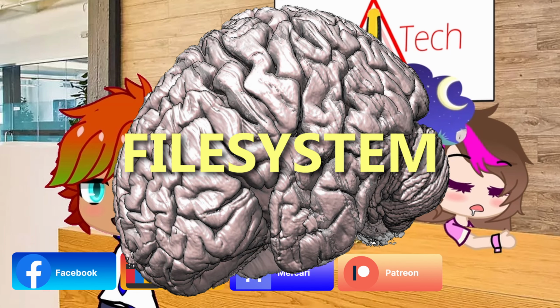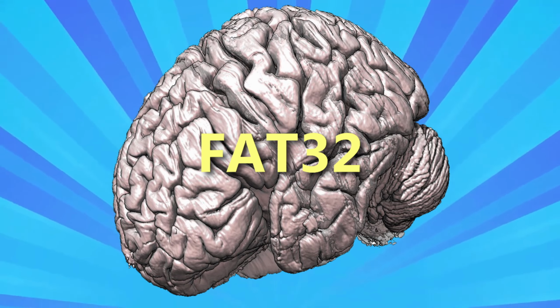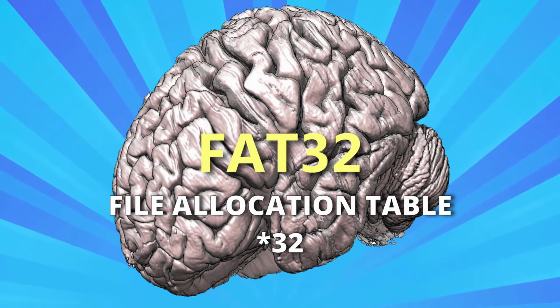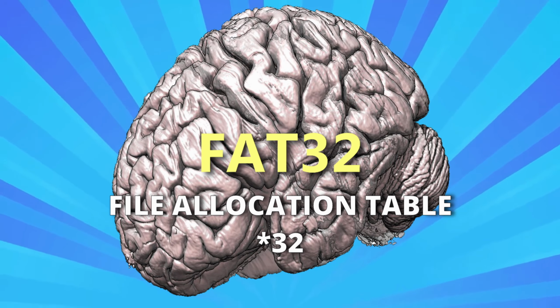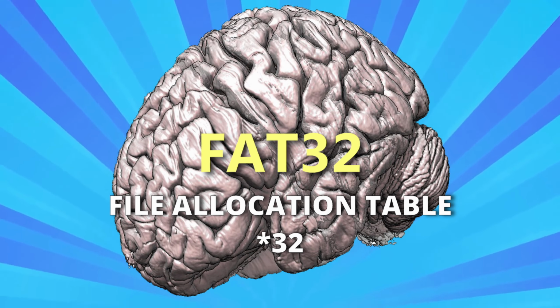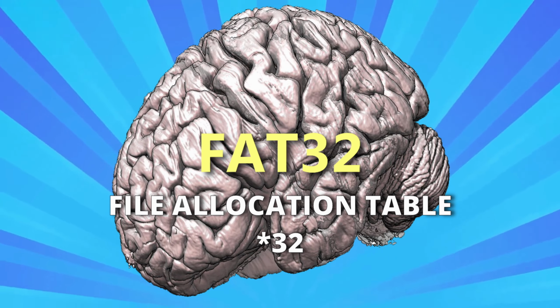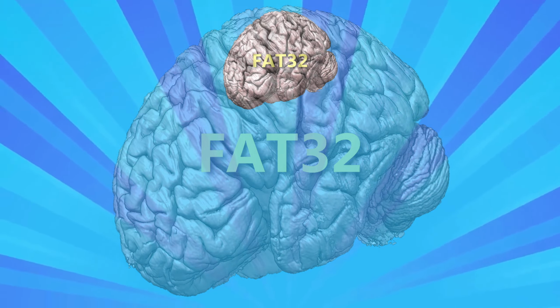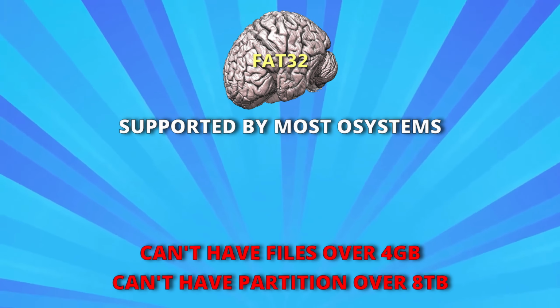Probably a file system that you are the most acquainted with is FAT32, or File Allocation Table 32. Despite its age, it is one of the most common file systems in use because of its just amazing compatibility. As it is fairly old, it does have some noticeable limitations.